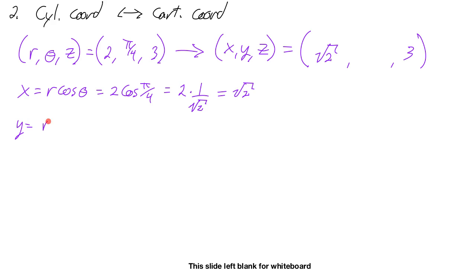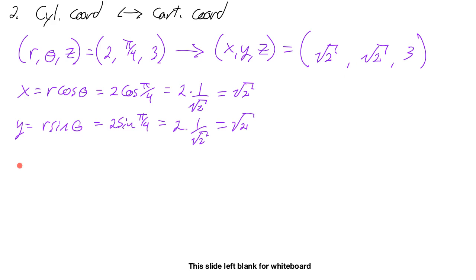Similarly, y is equal to r sine theta, which is 2 sine pi by 4. Same thing, 2 times 1 over root 2, which gives us root 2. So we get that the cylindrical coordinates 2, pi by 4, 3 convert over to the Cartesian coordinates root 2, root 2, and 3.